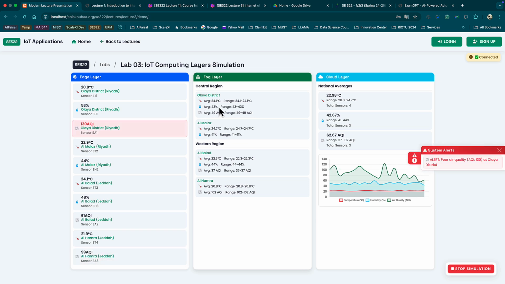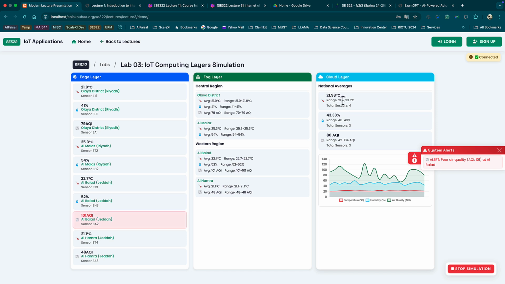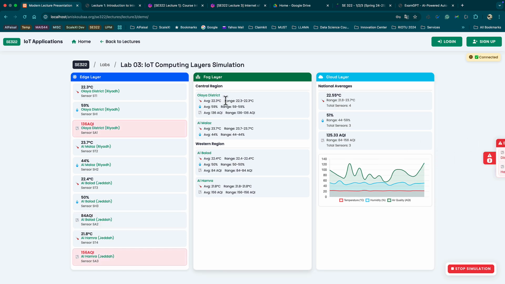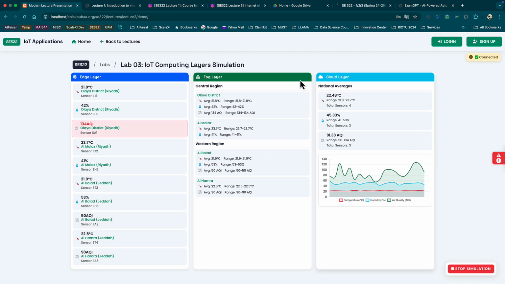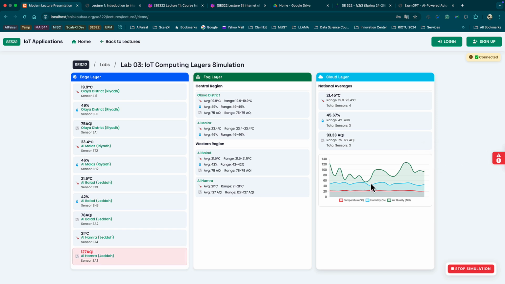Okay, so if I assume that I have many sensors in Al-Ulaya, I'm going to aggregate all these sensors into one. And at the national level, I will look at the average of the averages from Riyadh region, for example, and from Jeddah region or western region. We will have an aggregation, and here you can have a monitoring dashboard showing the variation of air quality.